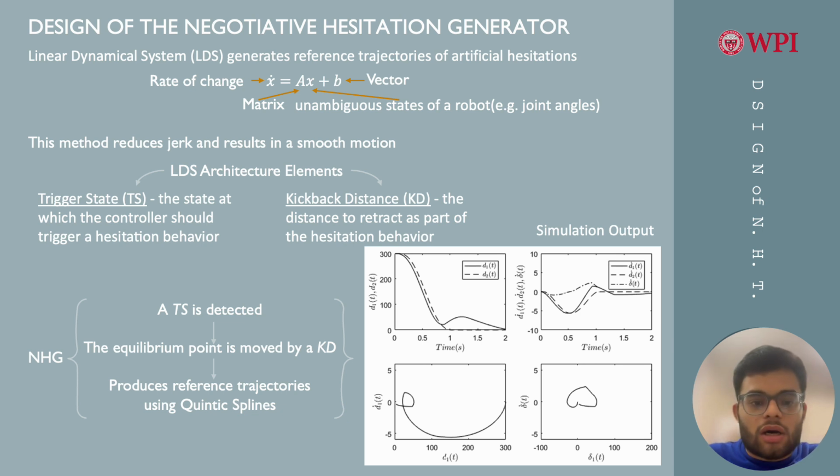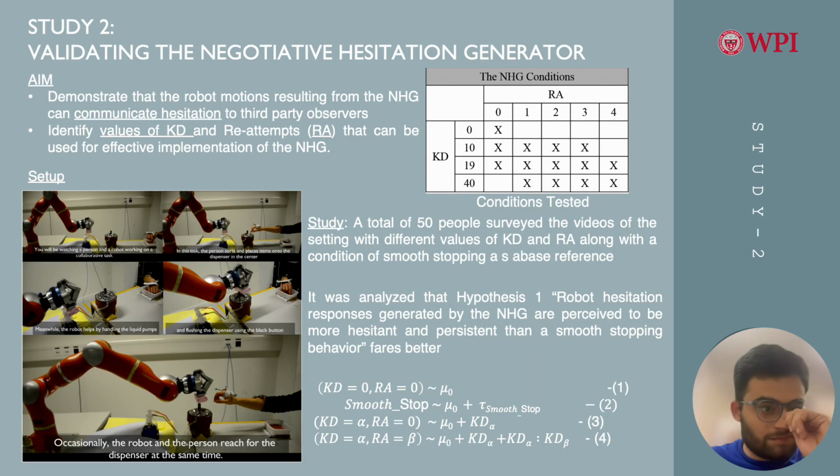As we can see in the bottom right, the simulation output has two hesitation behaviors, at a difference of 0.5 seconds, and as a result, when they come closer to each other, the main participant retracts its motion and reduces the velocity also. This results in a closed loop hesitation spline, as can be seen in the bottom right fourth graph of the output.